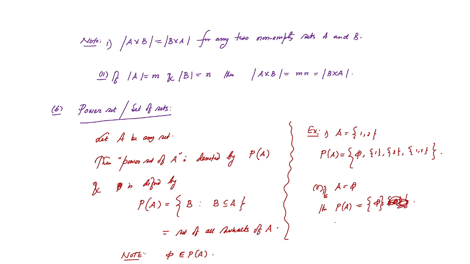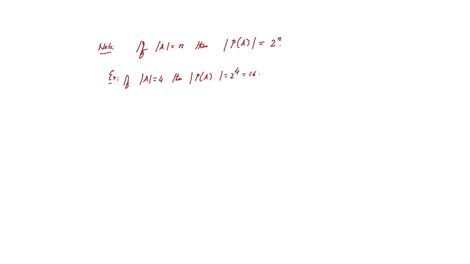So there is one important formula. If the cardinality of a set A is n, then the number of elements in the power set of A, that means the cardinality of the power set, is 2 to the power n. Here is an example: if A contains 4 elements, then the cardinality of the power set of A will be 2 to the power 4, that means 16.